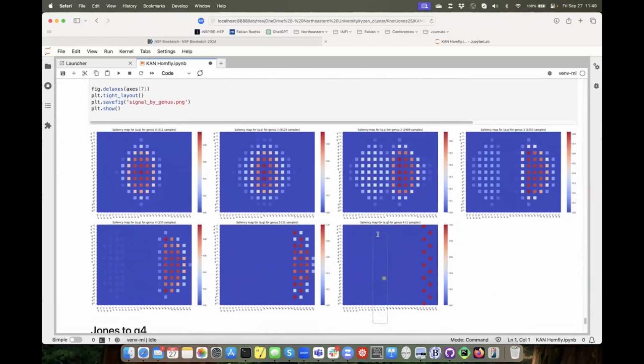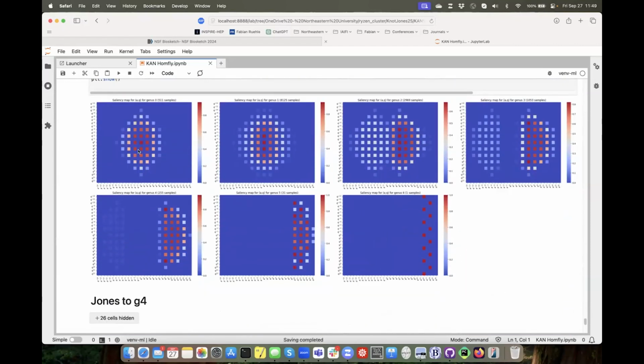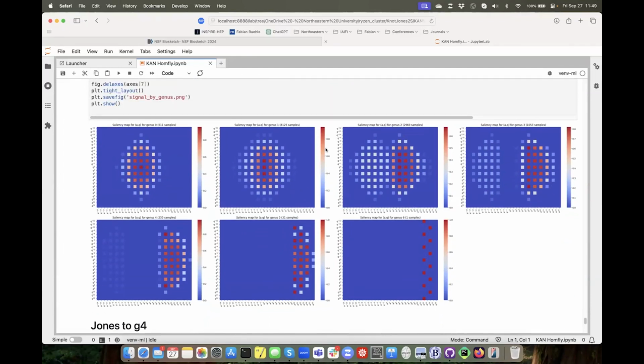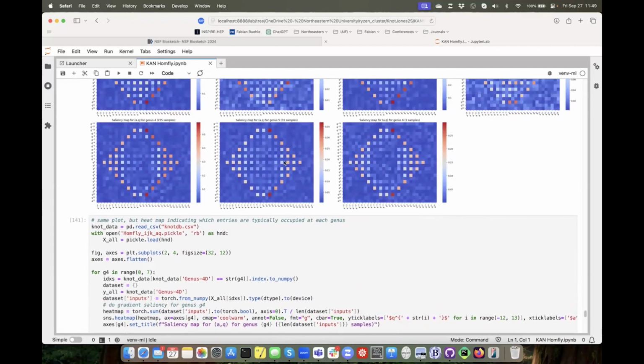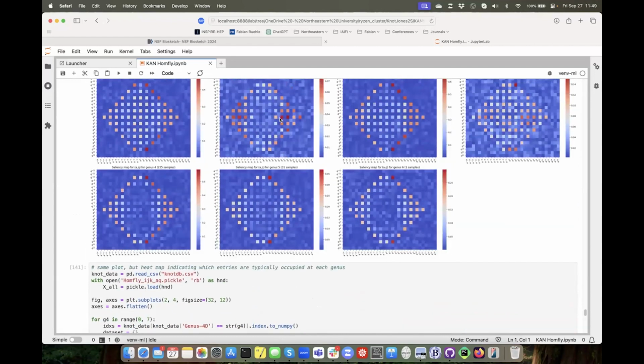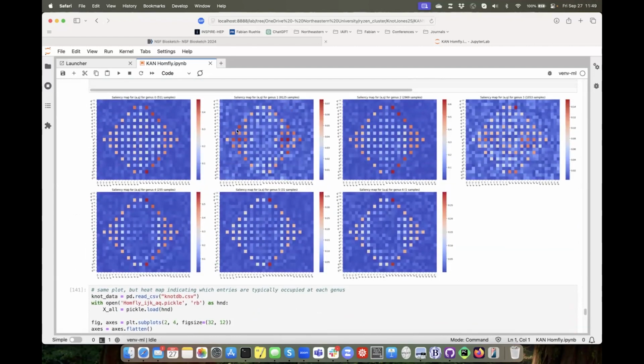And you see that what is happening for the higher genuses is this diamond splits and then wanders off in two different directions. And this is just a single sample, so don't read anything into this genus 6 thing. So by checking individual points in here, I think it can determine whether or not it can possibly be this genus, and then it checks other ones to rule out that it's another genus.